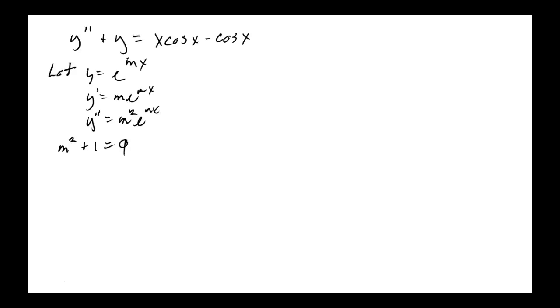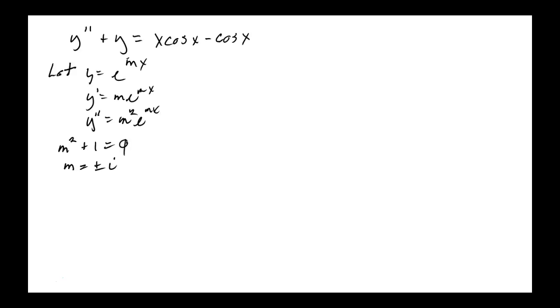It goes to Euler's formula, and ultimately that leads to, this will be at the top of the next page, when you have a function like this, of course your only solutions would be m is equal to plus or minus i. Because subtract 1 from both sides and you have m squared is equal to minus 1. The only solution to that is m is equal to plus or minus i.